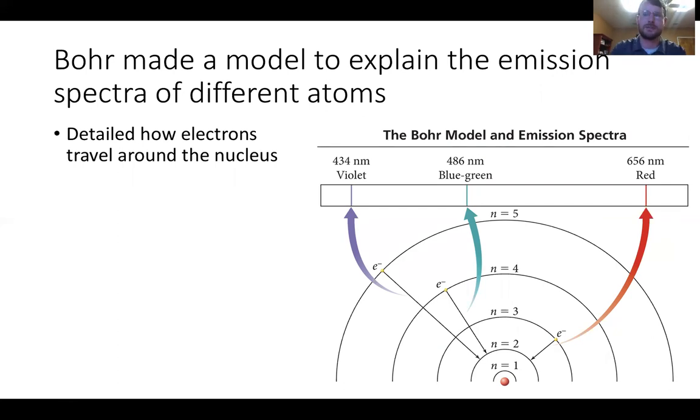We'll talk about what those circles are in a minute. They're inhabiting these different spaces, and when they get energized, they move to a higher energy level. When they relax, they emit these wavelengths. I will teach you maybe how we can calculate the wavelength of an electron in a couple slides. And so Bohr comes along and says, this is how we do it.